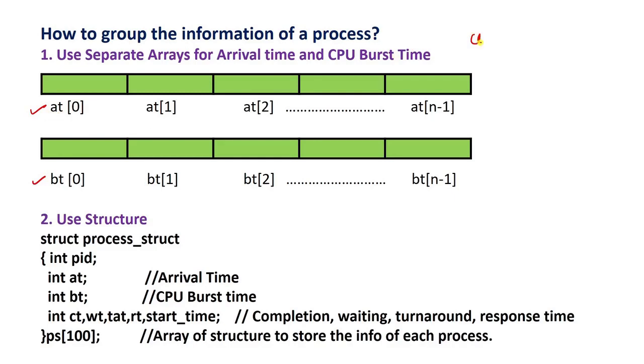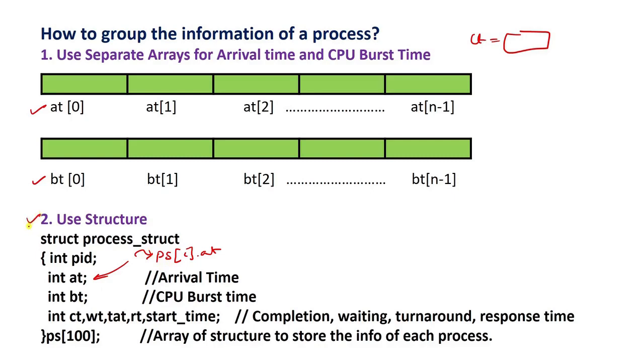Then we will have a separate array like CT, that is the completion time. But here we will have only one array, that is an array of structures, PS 100. So we will access these elements, for example, PS[i].AT. Okay, so any of the information of any process can be accessed using a single name.